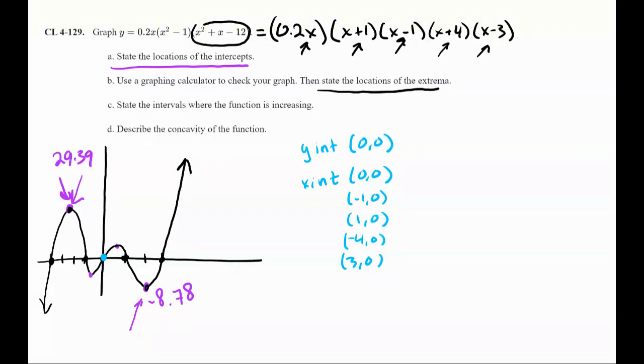If we're talking about where it's increasing and decreasing, I will highlight everything in green where it is increasing. Here it's increasing, here it's increasing, and here it's increasing. I could write that out as an interval if I wanted to.